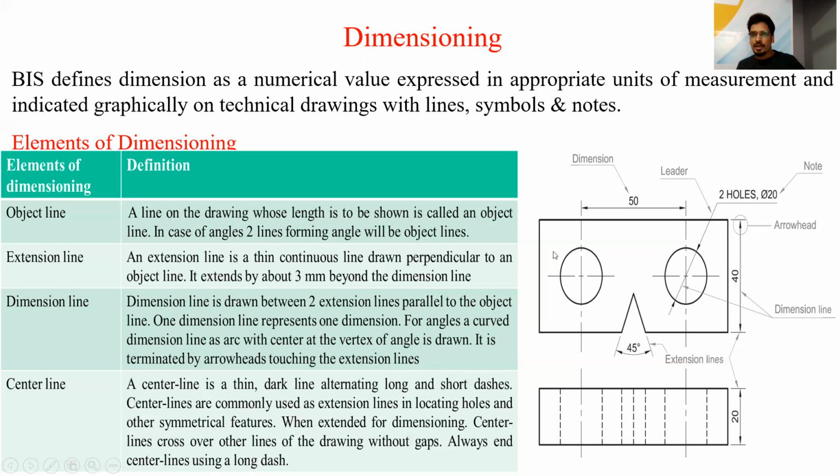For example, I have to draw a dimension line which is indicating the centers of two holes. So how can I draw? First of all, I have to draw the center line. So this is the center line, which acts as an extension line, and in between these two center lines, I will draw this dimension line.